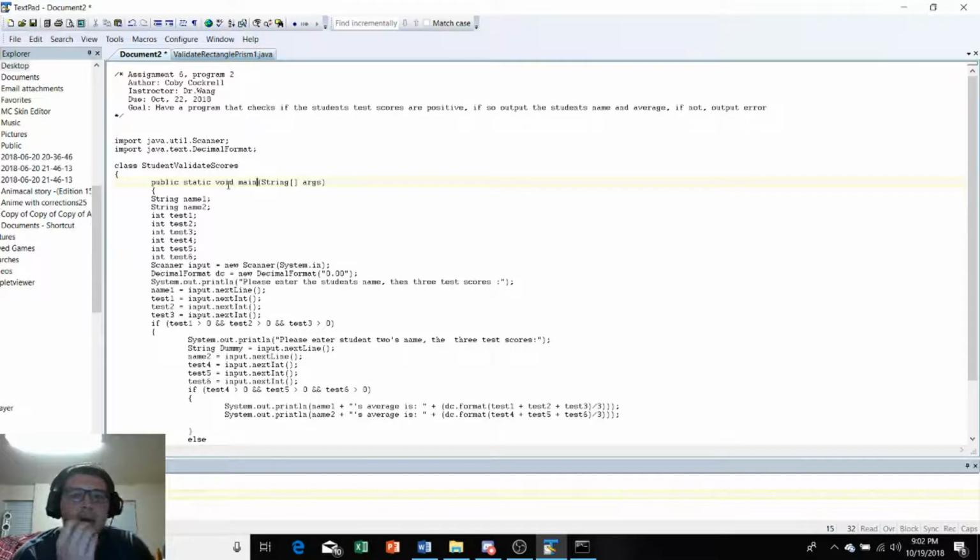However, there can be classes that have no main function. Right here, import Java util scanner. I don't believe it has a main class. It's just holding different functions we can use. Same thing with decimal format. We're importing these files and they have different classes and stuff.